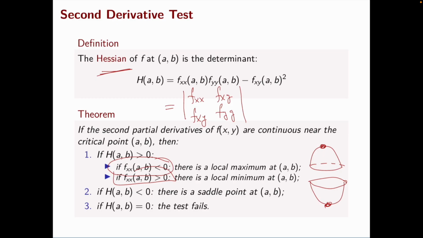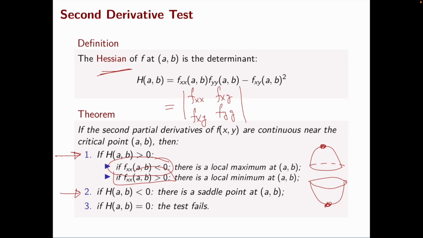So the first thing that we check is whether the Hessian is positive or negative. If it's positive, extrema. If it's negative, saddle point, and it finishes there. But if it's positive, we want to know what kind of extrema it is, maxima or minimum.